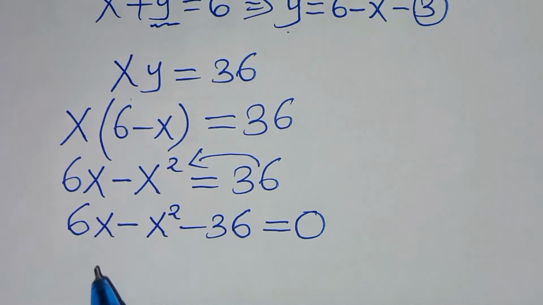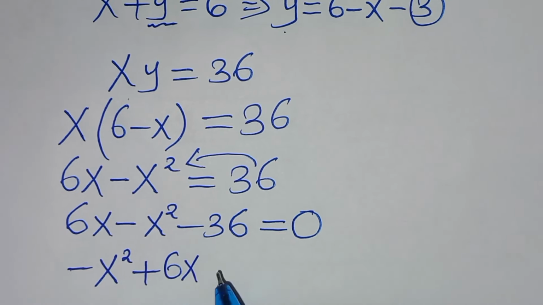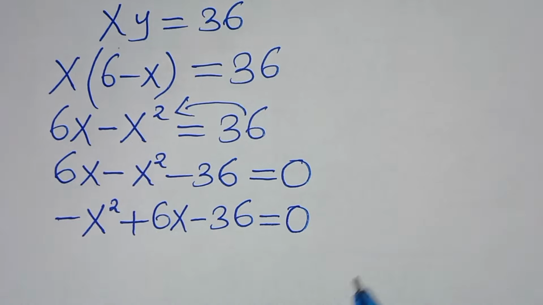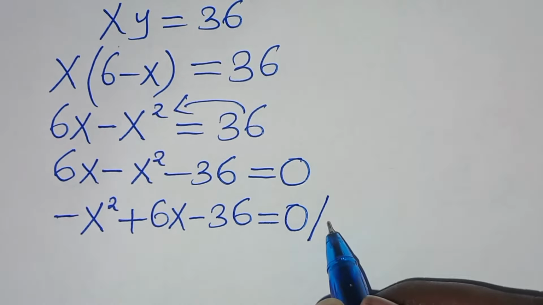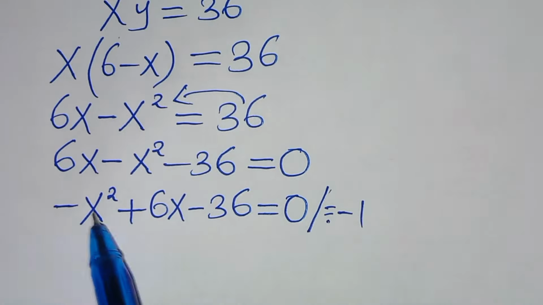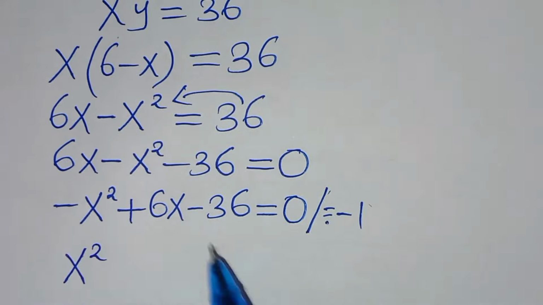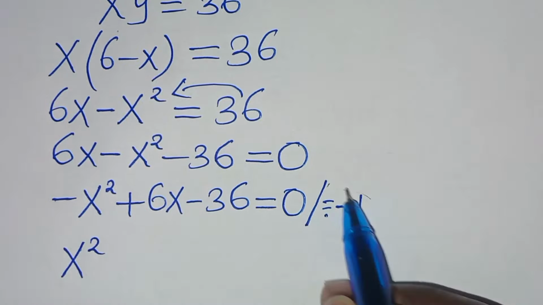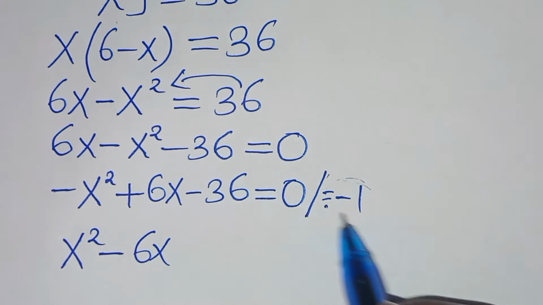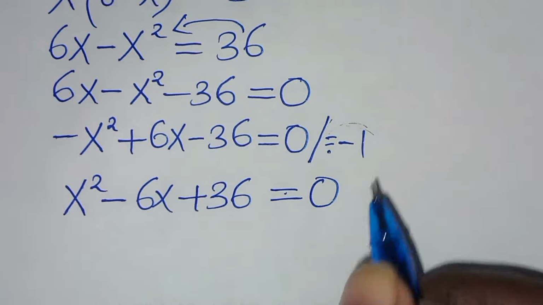Let's rearrange this equation so that we have minus x squared plus 6x minus 36 equal to 0. Now, let's divide both sides by minus 1. Minus x squared divided by minus 1 becomes x squared, plus 6x divided by minus 1 becomes minus 6x, and minus 36 divided by minus 1 becomes plus 36, equal to 0.